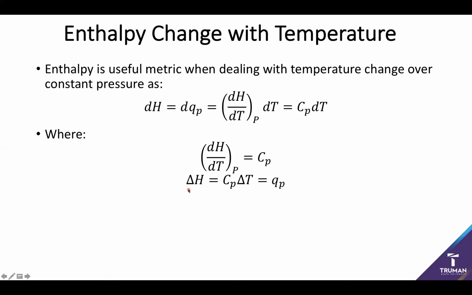So again, we see a relationship between the change in enthalpy, the isobaric heat that it takes to get this change in enthalpy, and the change in temperature, with the isobaric heat capacity acting as a proportionality constant.